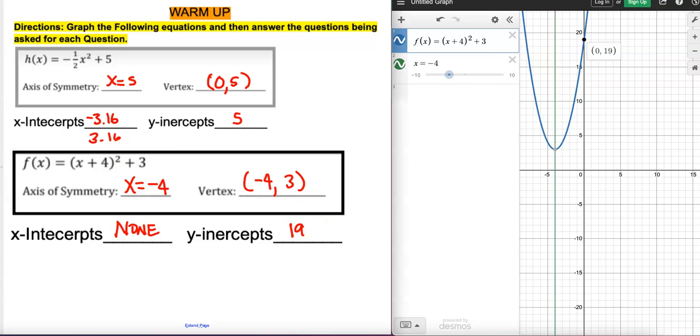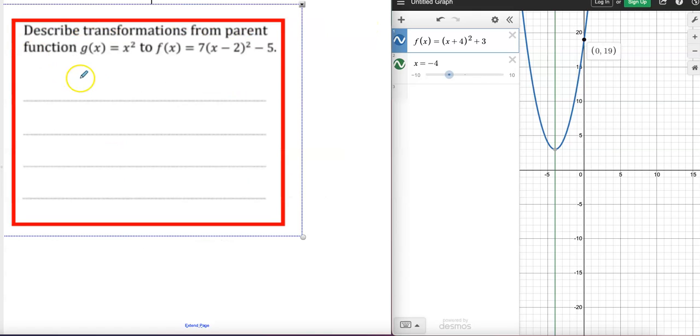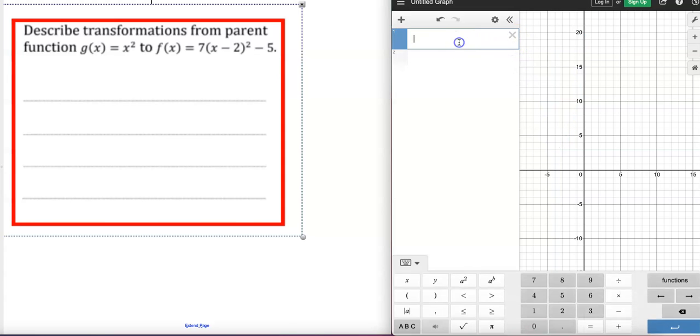Alright, and then it says, describe the transformation from the parent function g of x equals x squared to, okay, so I have 2 different functions here. I'm just going to plug them both in and see if I can see a difference.